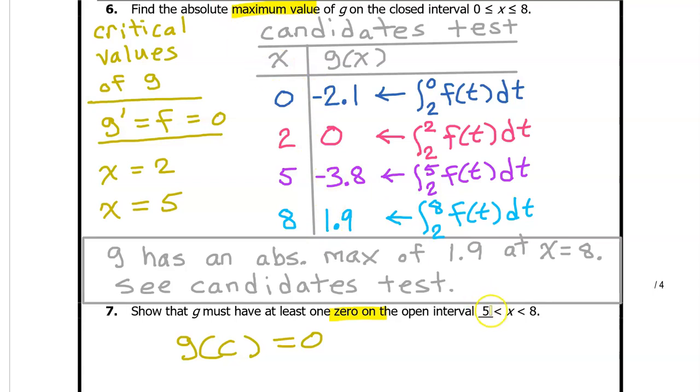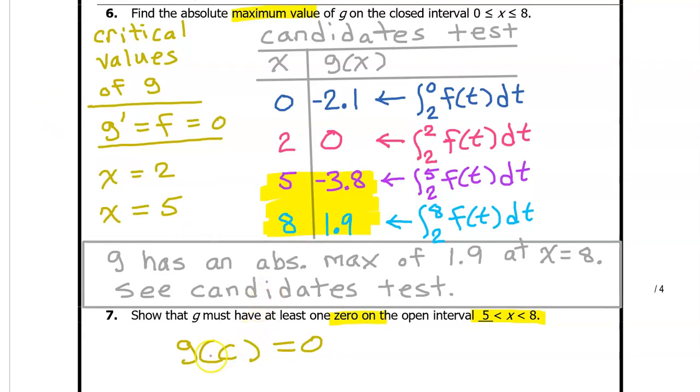Before we look too closely, remember that we are only interested in the open interval from 5 to 8. And oh look, the last couple values on the candidates test are in that interval. To show that g must equal 0 somewhere, we need a value below 0 and a value above 0. And that's exactly what we have. So we can go ahead and use the intermediate value theorem.